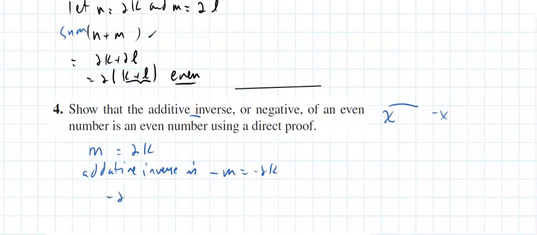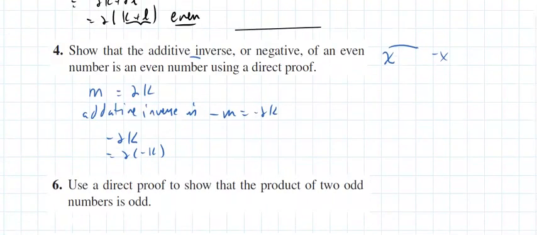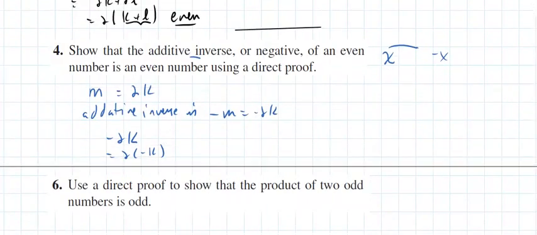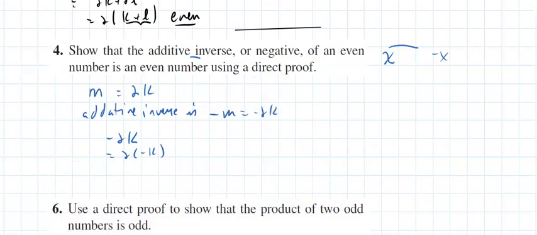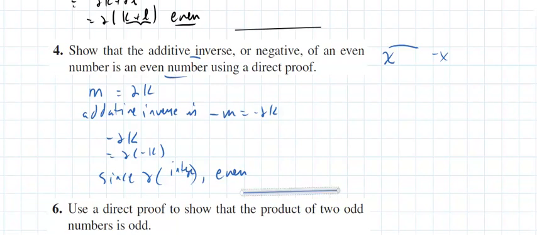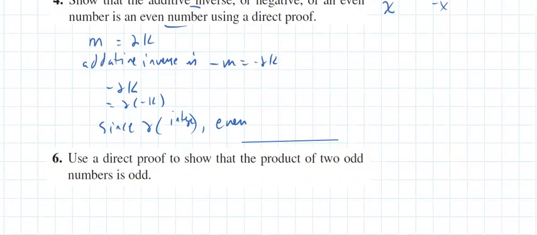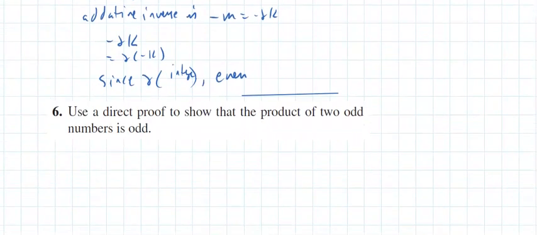Now, if I take negative 2k, I could say that's 2 times negative k. k is an integer. So since I have 2 times an integer, that is even. And that does the trick. Fairly simple. To show you have an even, you're going to take 2 times an integer.